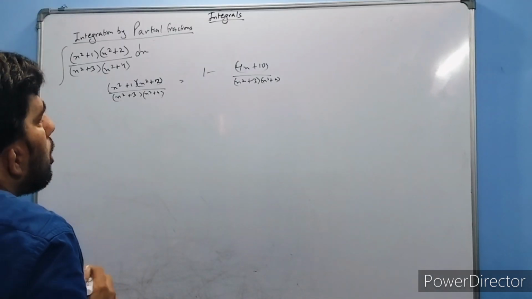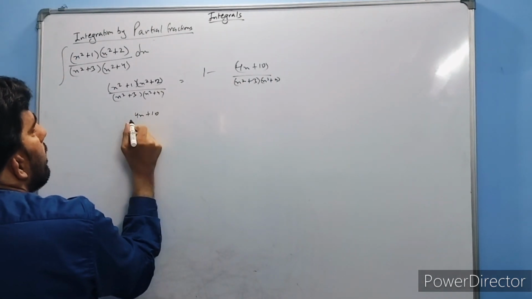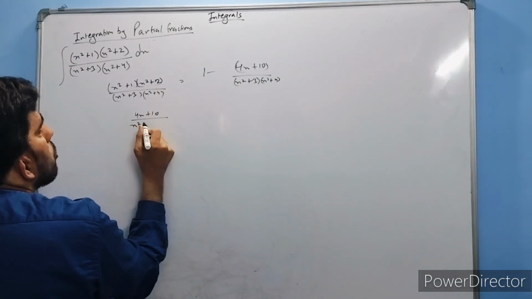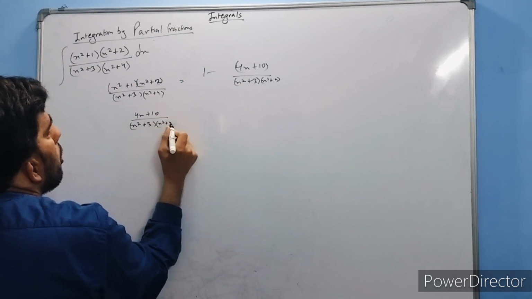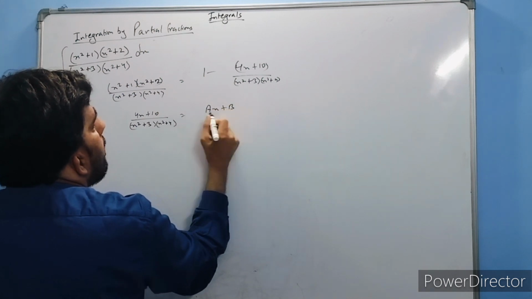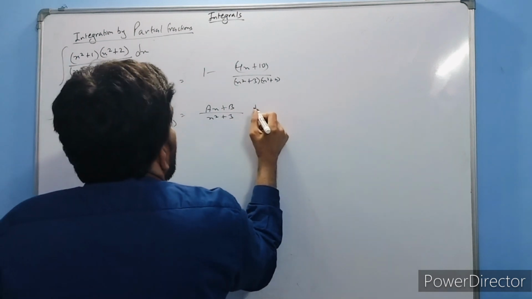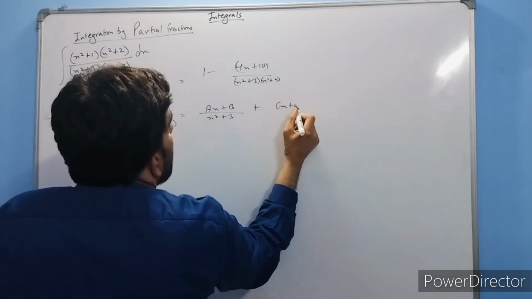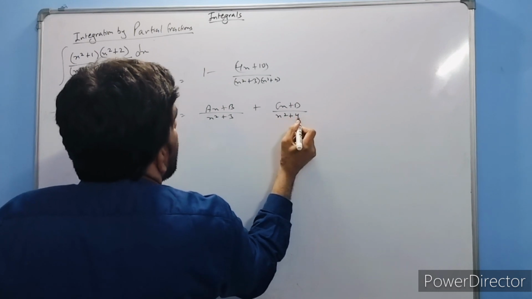So now let us try to solve 4x plus 10 upon x square plus 3, x square plus 4 is equal to ax plus b upon x square plus 3 plus cx plus d upon x square plus 4.